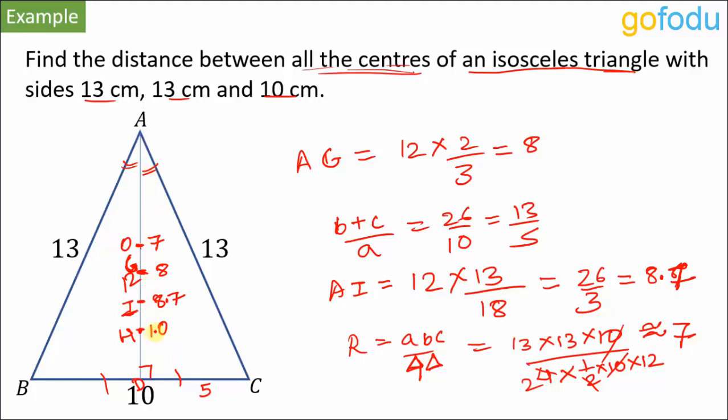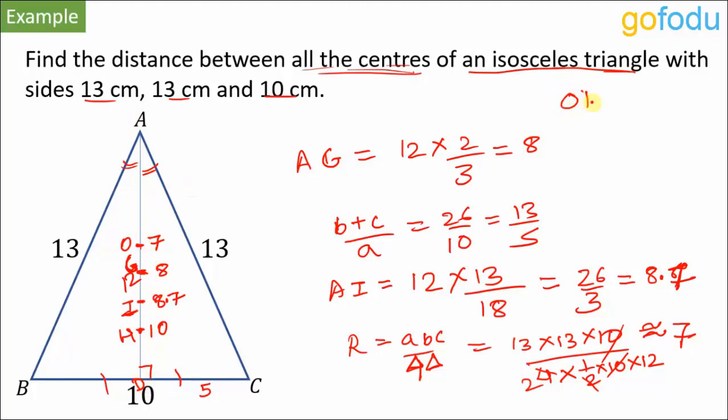Now these are the distances of all the centers. Now let me tell you an interesting point. In any triangle, not just in an isosceles triangle, twice the distance of the circumcenter O from the side, this distance from O to D, overall AD is 12, AO is 7, that means OD is 5.